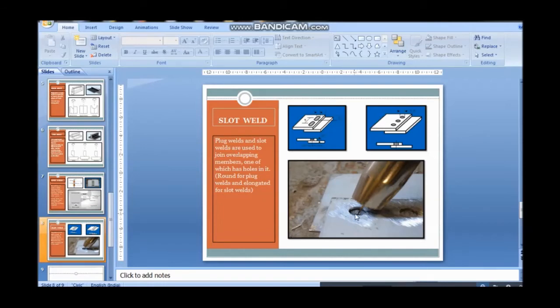This is your plug weld, and when these holes are elongated in this type of shape, then this is called a slot weld. When you use a circular hole, this is a plug weld.